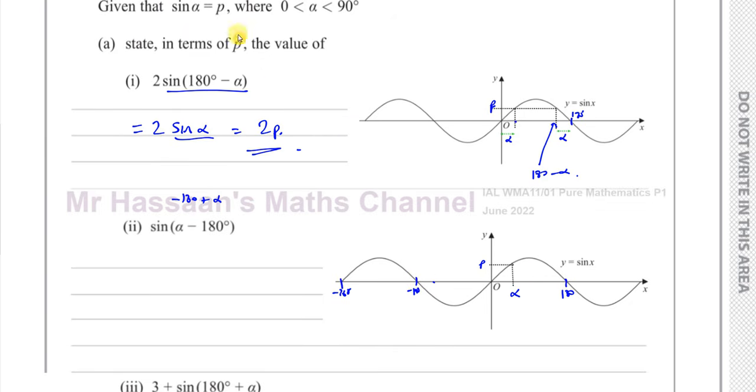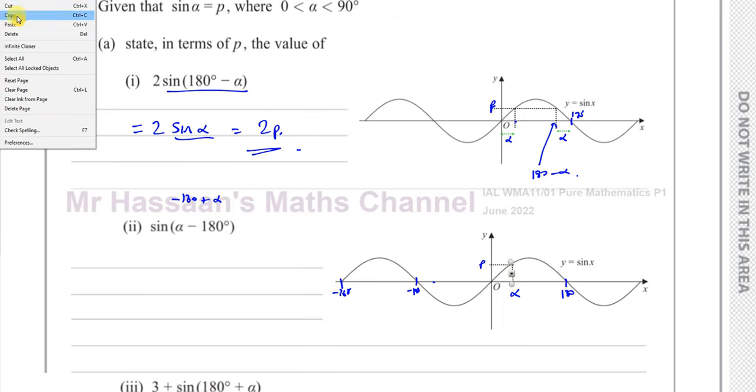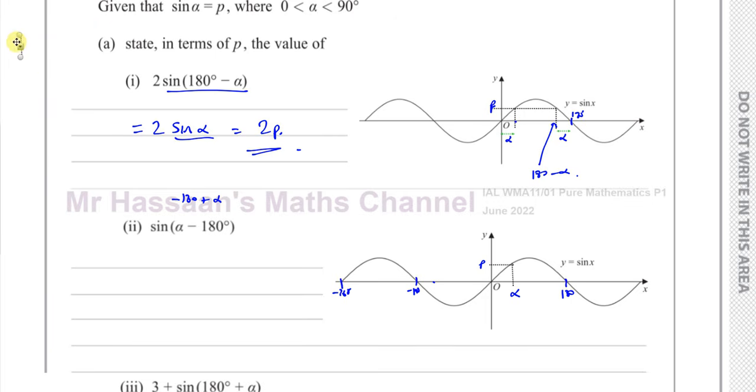So it's the same kind of idea. We can take this and we're going to be over here now. The curve goes down at this point. So this is the angle alpha minus 180. It's like minus 180 plus alpha.